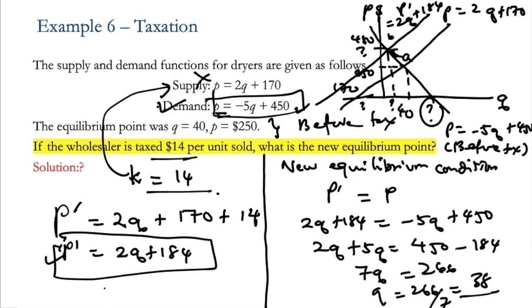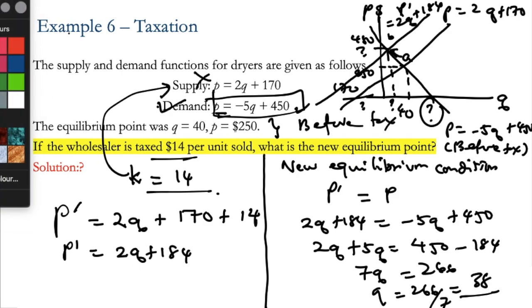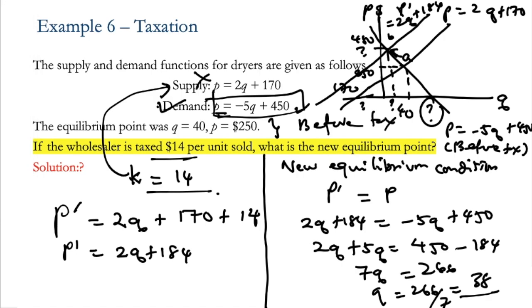So now if I use the new supply curve, we have 2 times 38 plus 184. So you're going to get 260. So the new equilibrium here is 260 and 38.